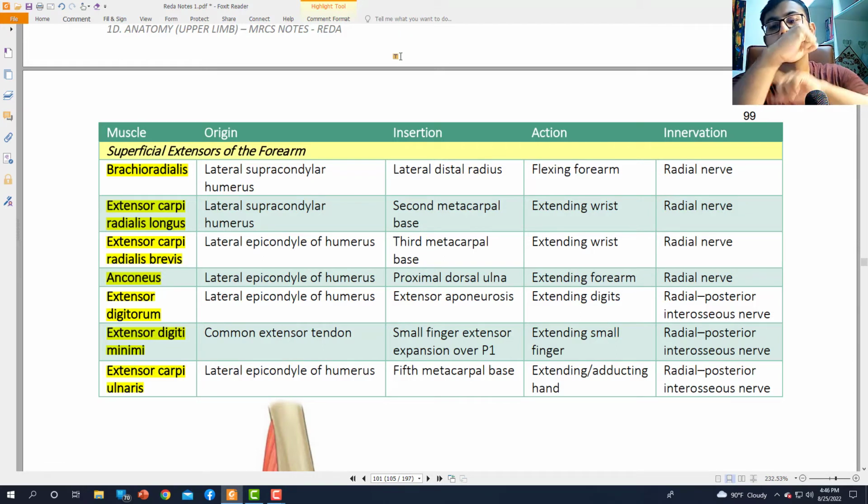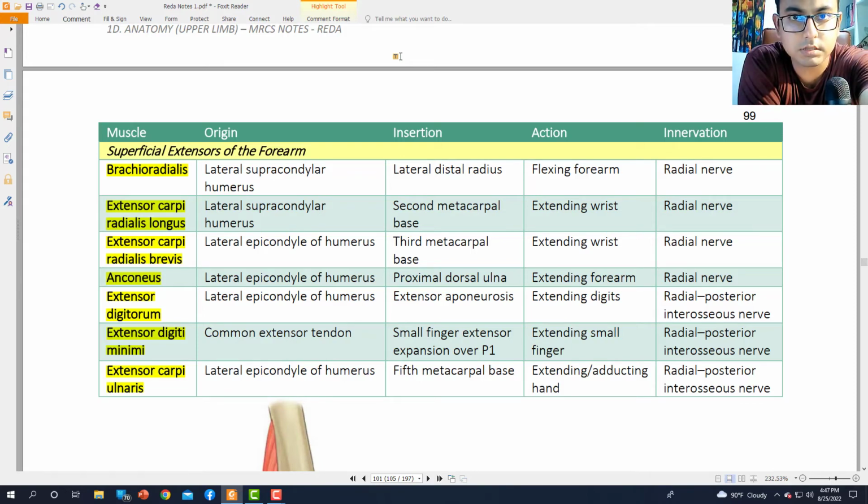Okay, now the extensor carpi radialis longus, then brevis, then anconeus. Brachioradialis is present here. This is the brachioradialis muscle. Here you can see the brachioradialis muscle.